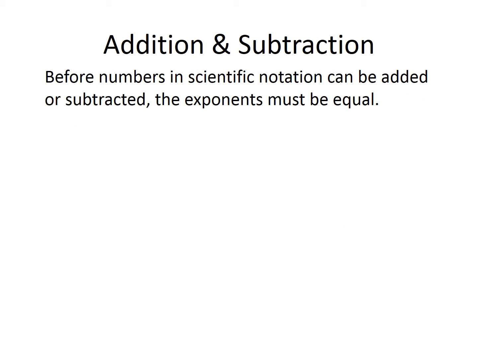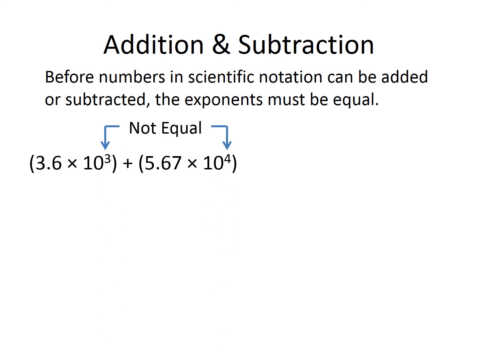Addition and subtraction is slightly more complicated. Before numbers in scientific notation can be added or subtracted, they have to have the same exponent. In this example, 3.6 times 10 to the third is added to 5.67 times 10 to the fourth. These two exponents are not equal, which means we can't add them up.